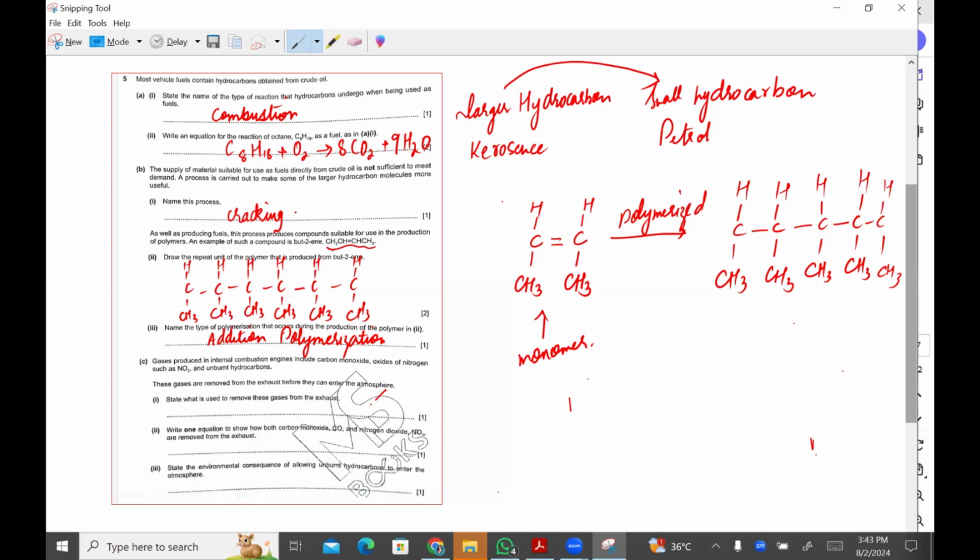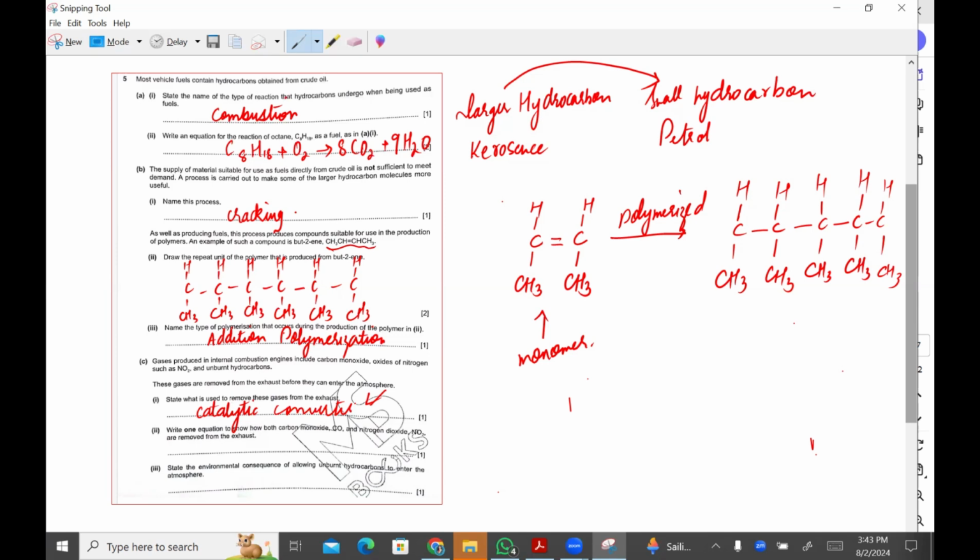Remember, in the car exhaust there is a converter named the catalytic converter, whose purpose is to convert the carbon monoxide produced due to incomplete combustion and nitrogen monoxide. They react together to form nitrogen and carbon dioxide. So this is the catalytic converter.